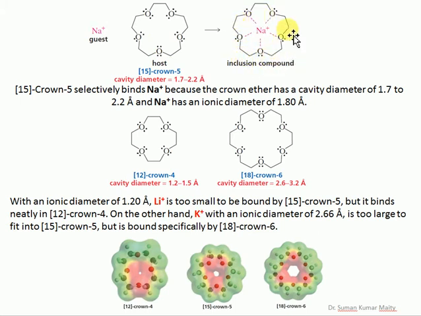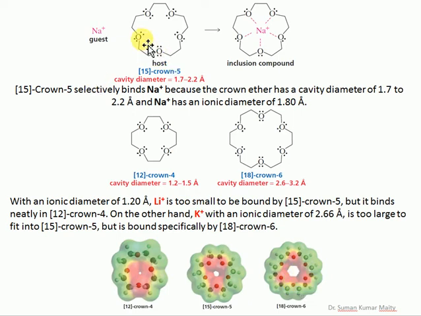Crown ethers form cavities inside the circle of different sizes depending on the size of the crown ether. Here you can see this is a crown ether with a smaller cavity. This is a crown ether with a little bigger cavity, and this is another crown ether with a much larger cavity.